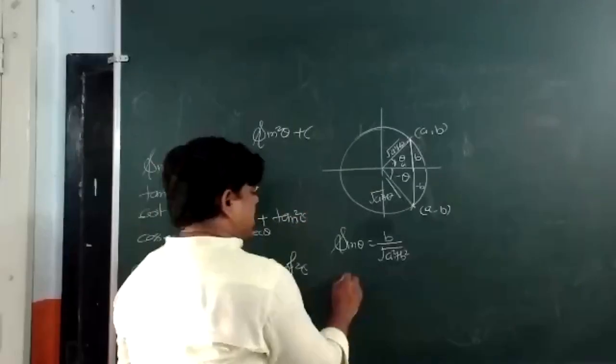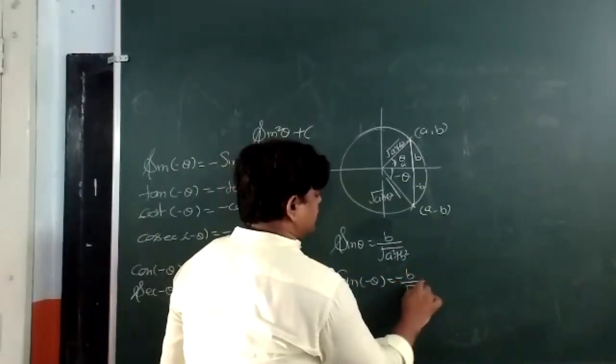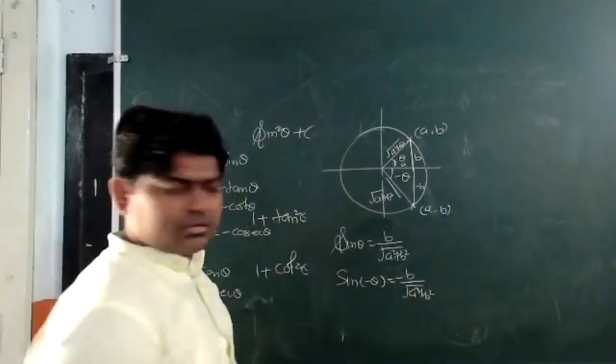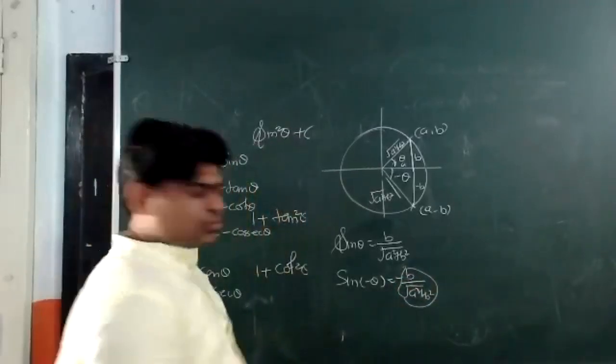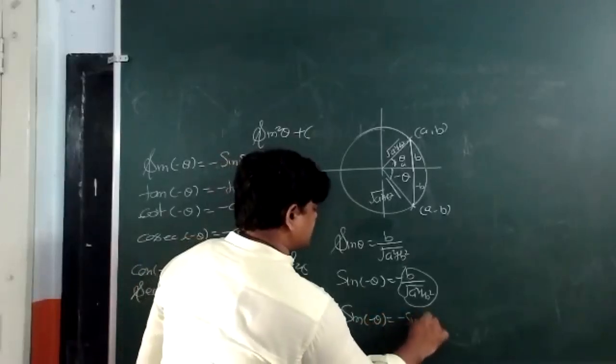But if I write sin minus theta, it is minus B upon under root A square plus B square. Am I correct? So this can be written as minus sin theta. So we now have sin minus theta equal to minus sin theta.